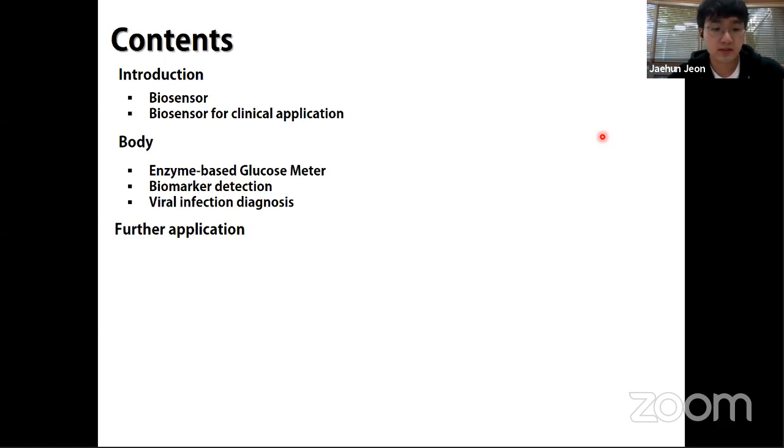Next, I will present some examples to show how biosensors can be applied clinically, such as the glucose meter, biomarker detection, and viral infection diagnosis. Finally, I will finish my presentation by showing some further applications.